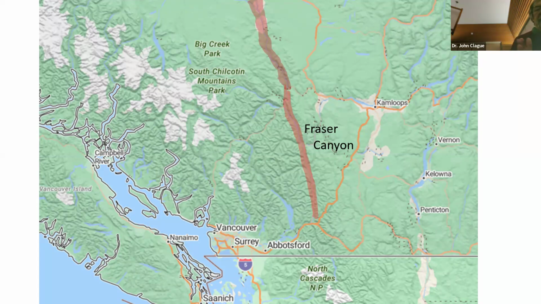This one flowing in a canyon tells me, and any geomorphologist, that the river hasn't been in that position very long. We now have evidence that the Fraser River has only flowed with that volume and discharge for about 1 million years. It is still adjusting the valley in which it's flowing to this new path.